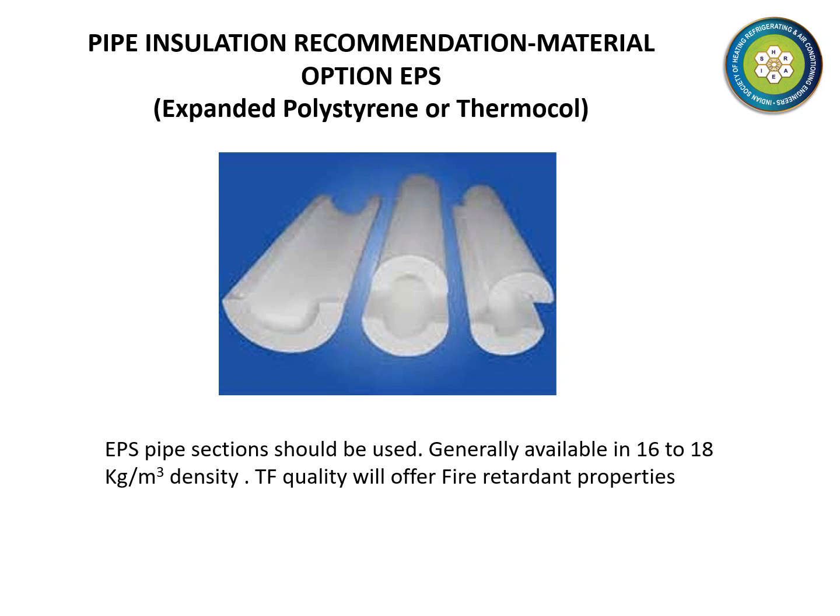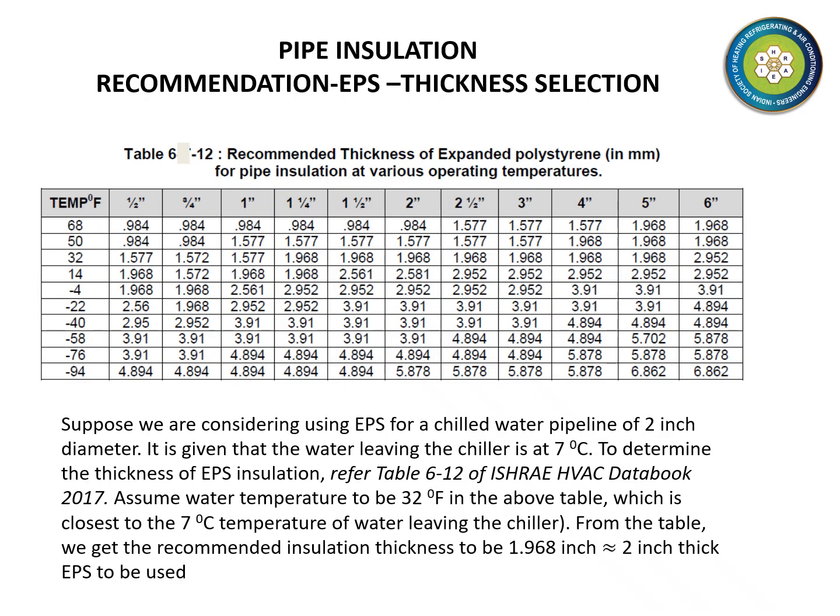Suppose in a particular project, it is decided to use EPS or thermocol as the insulating material. In this project, the chilled water pipeline is 2 inches diameter and the water leaving the chiller is at 7 degrees centigrade.